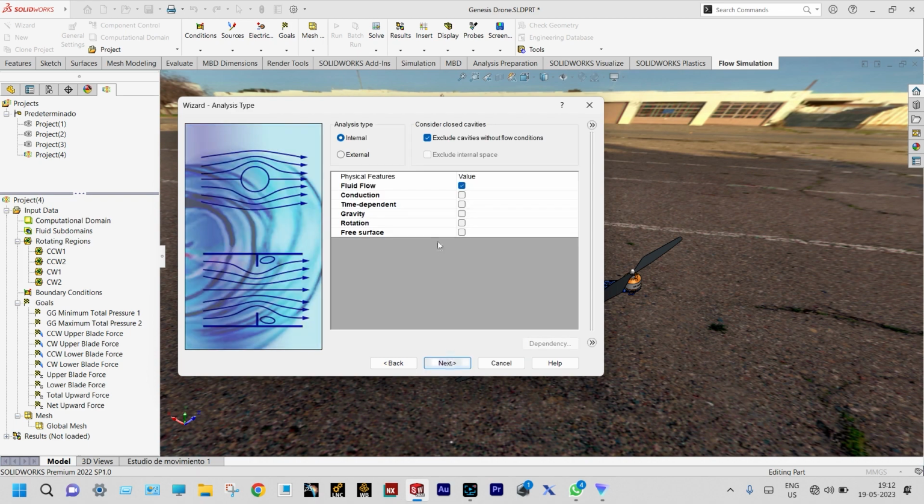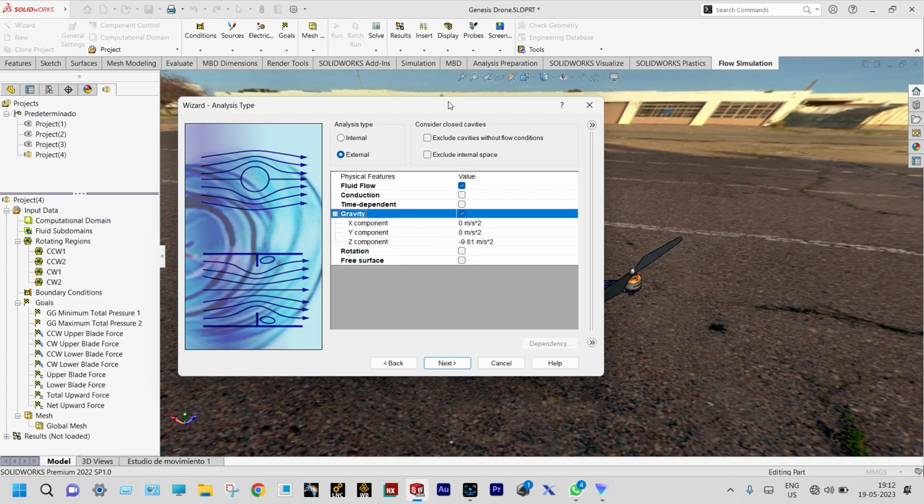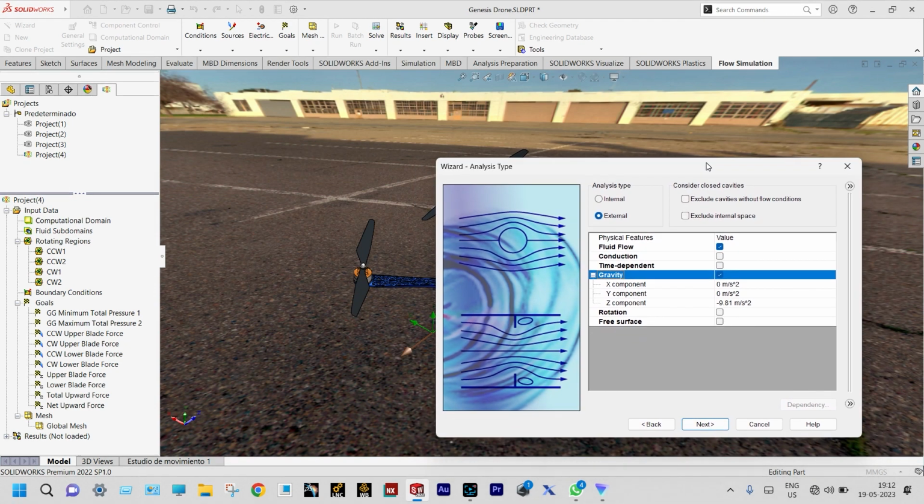Next, this will be an external analysis, and from physical features we need to select fluid flow, and it is dependent on gravity. Let us see the direction of gravity. It will be in y direction, you can see here.